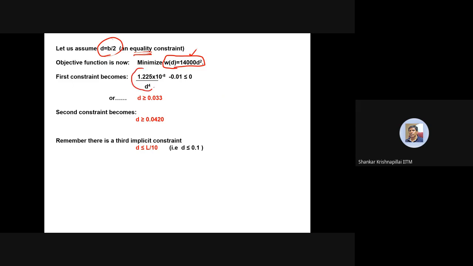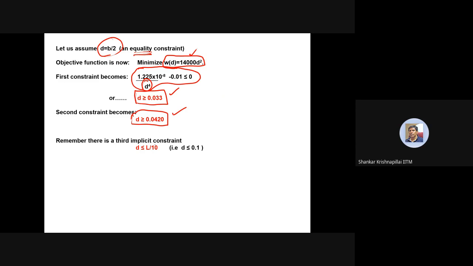Then the first constraint, which was a function of B and D, can be converted purely to D by eliminating B. Upon further simplification, you get D should be greater than 0.033. So the first constraint becomes like this. The second constraint becomes like this, that is, D should be greater than 0.0420.